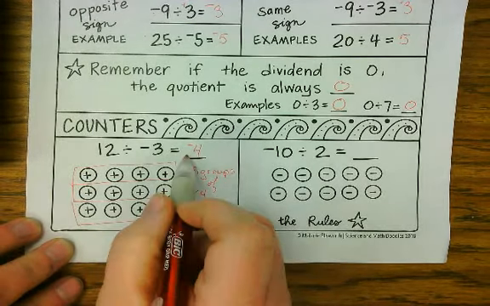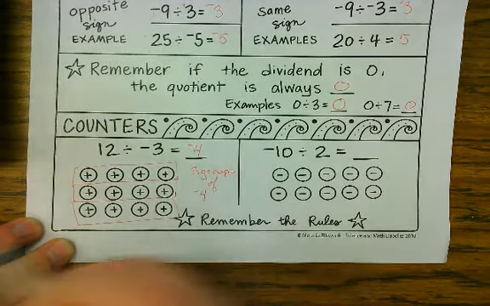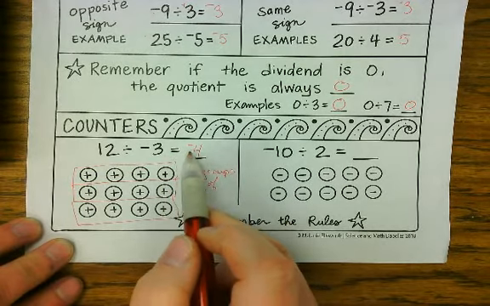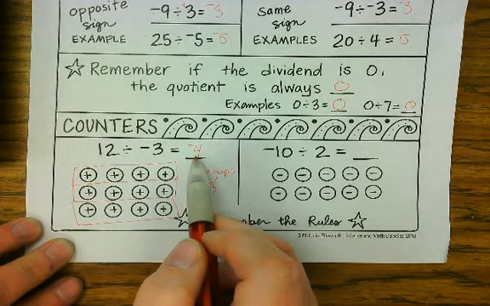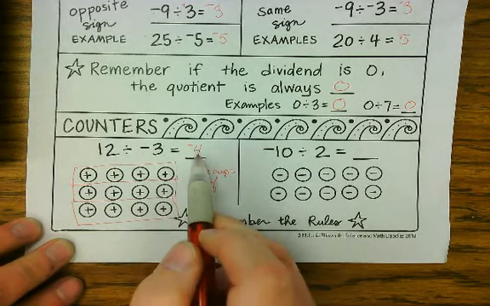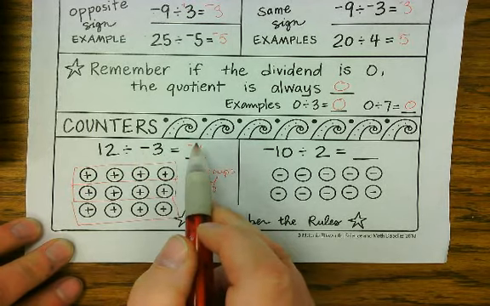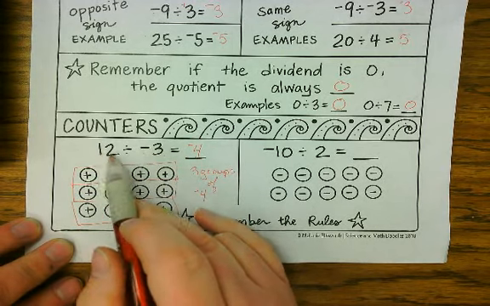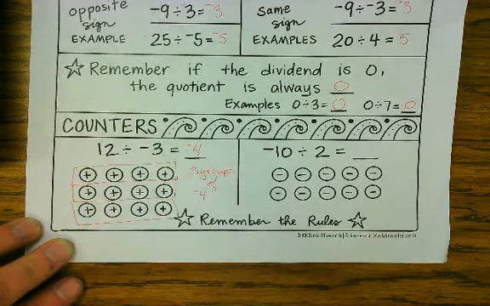So when we say, how do I get back the other direction? 3 groups of negative 4 is negative 12, and the opposite would be a positive 12. And so there's that 12.